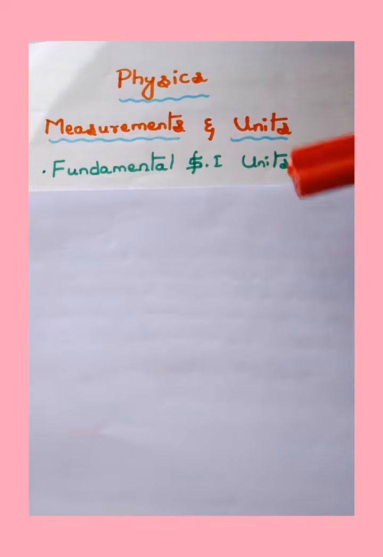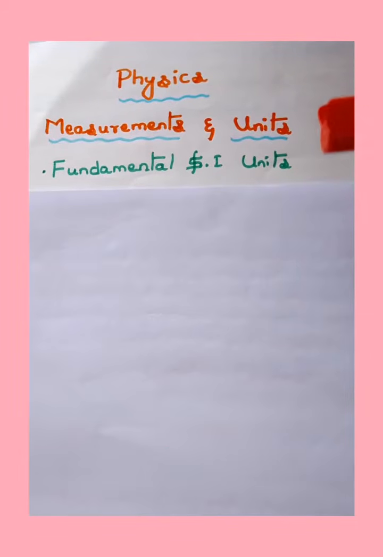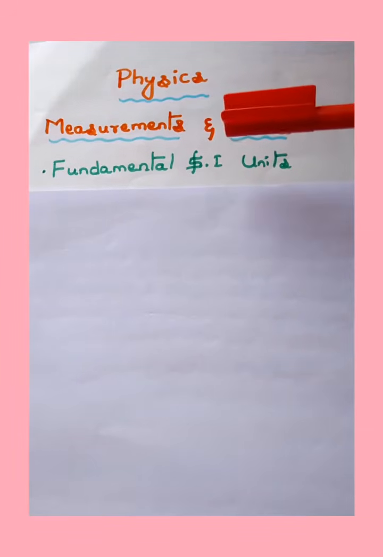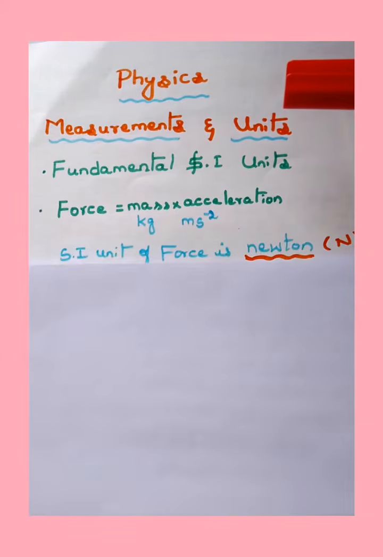Even though there are a lot of things to be learned in this chapter, we will go according to the syllabus which is given so that we can cover up how much ever you can learn before the exams. In measurements and units, it's given about fundamental SI units to be learned. So they have mentioned what are the SI units to be learned.